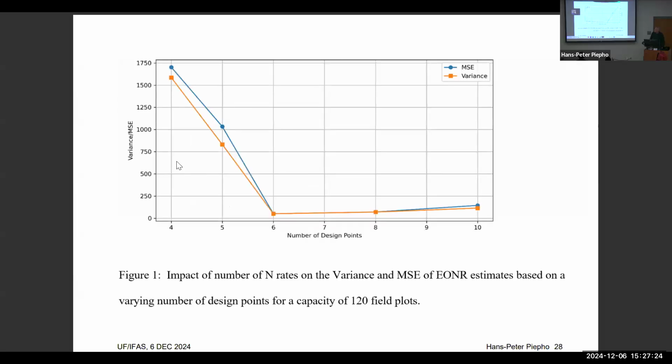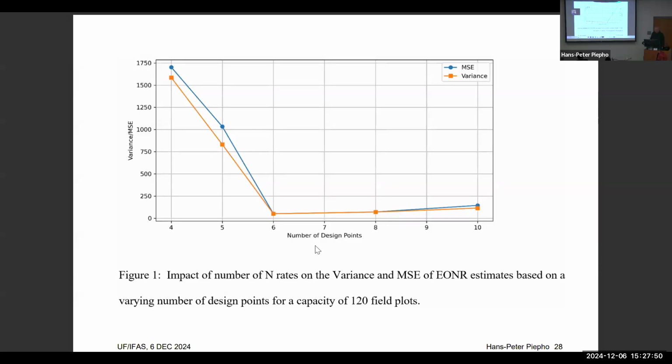levels. And here's a plot that shows both the mean squared error and the variance as well. So the mean squared error is the sum of the variance and the bias squared. So bias is systematic error, systematically over or underestimating, and variance is just how volatile you are around the expected value of what your estimator produces.